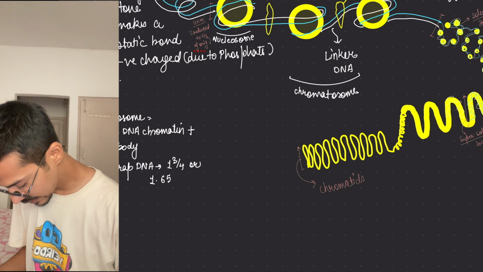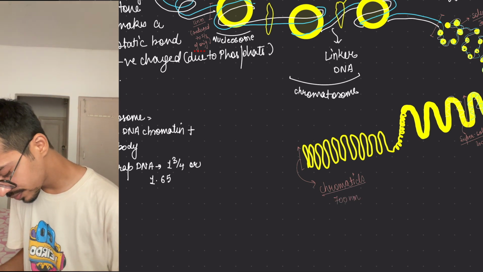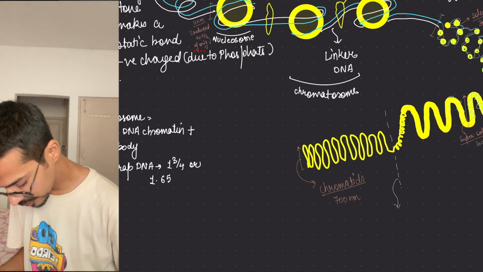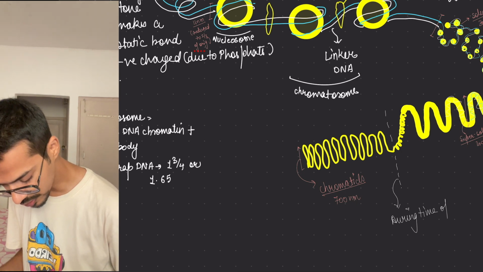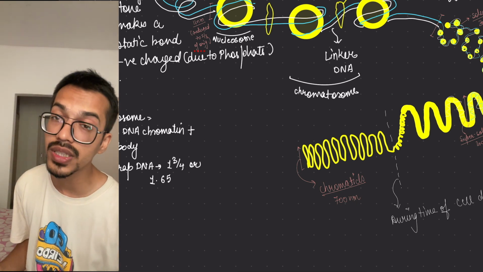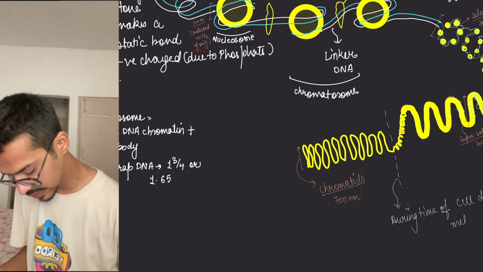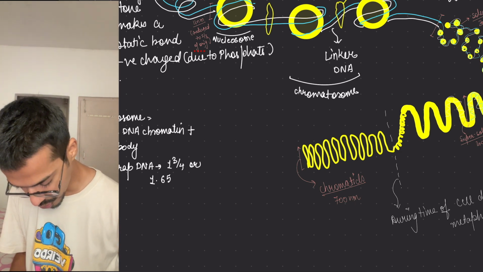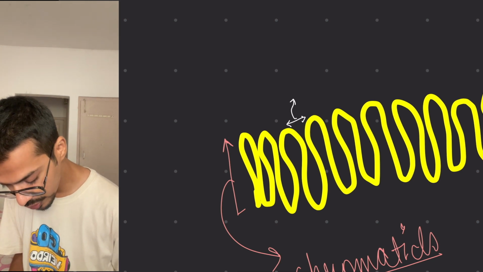This will be seen during cell division, and you can observe these things when? During the metaphase. And the distance between these two, this and this, is 250 nanometer.